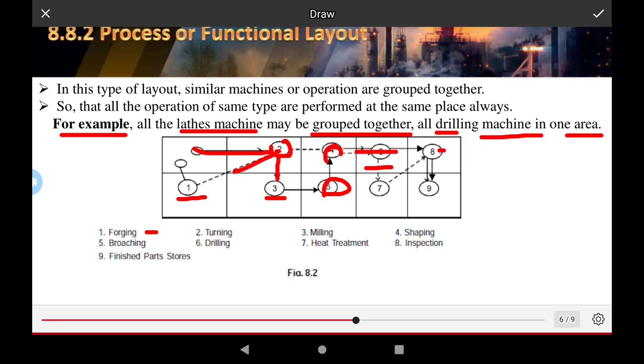The seventh is the heat treatment operation, and the eighth is the shaping and inspection operation. Then the finished parts are inspected and all the components are stored in the inventory in the workshop of the finished product.